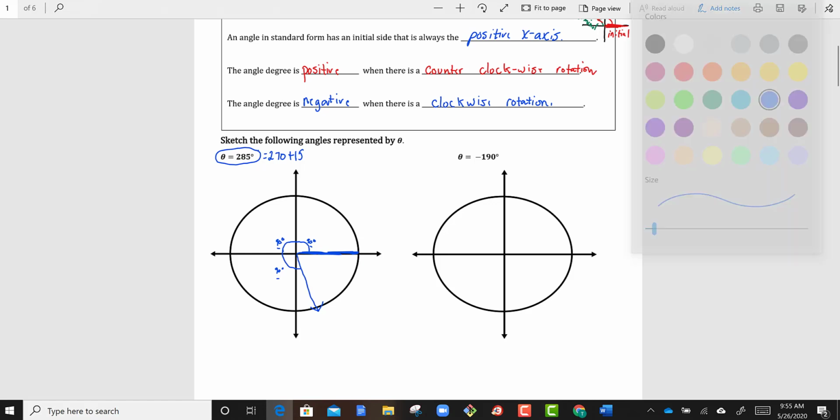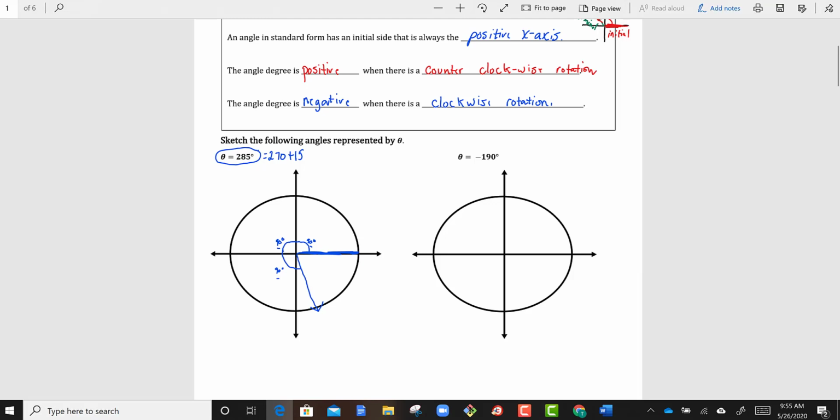And for this last one, they want us to sketch negative 190. So again, we're going to start on the positive x-axis. But this time, since it's a negative angle, we're going to rotate clockwise. Or, think about it, we start heading down initially.